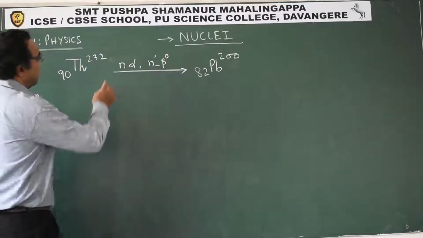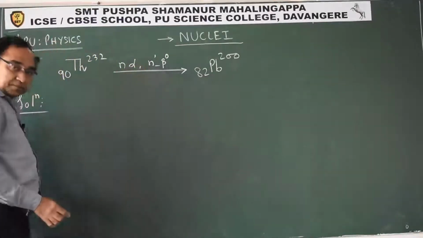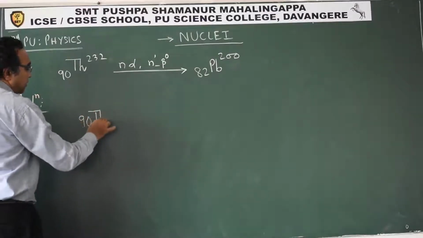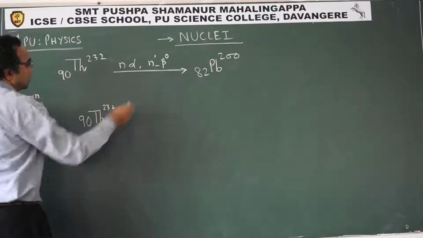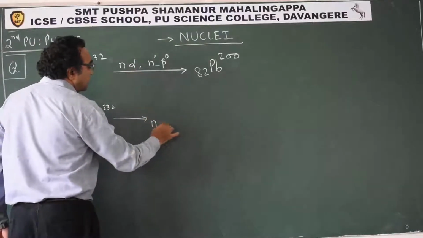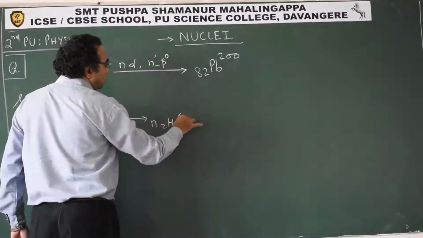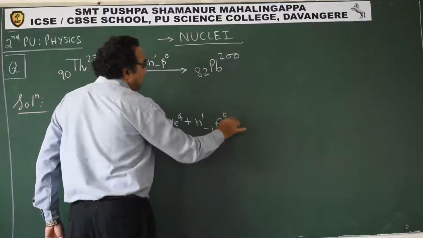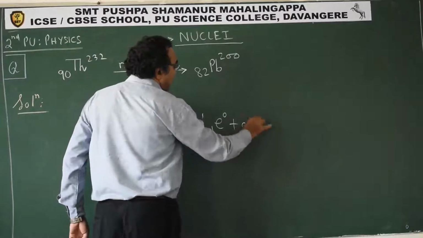That is, we have to find n and n dash. Now, write the equation. 90 thorium 232 gives n alpha particles, n 2He4, plus n dash minus 1 E0 plus 82 Pb.